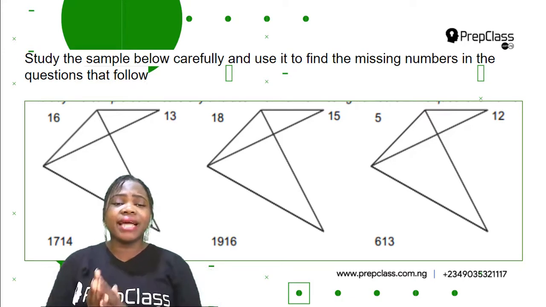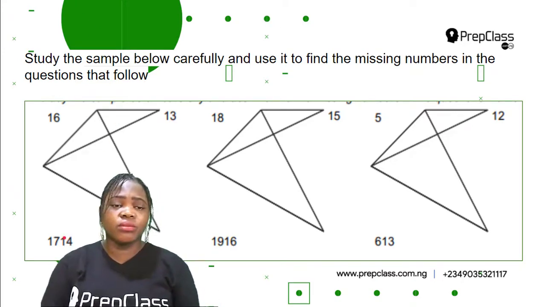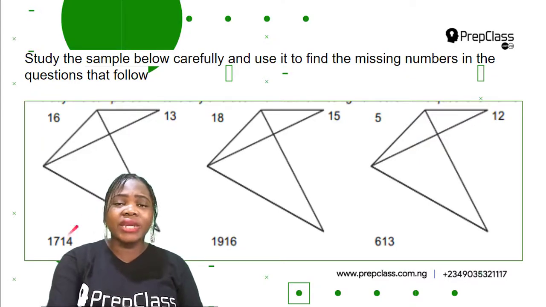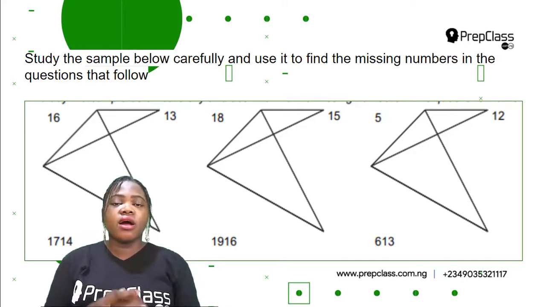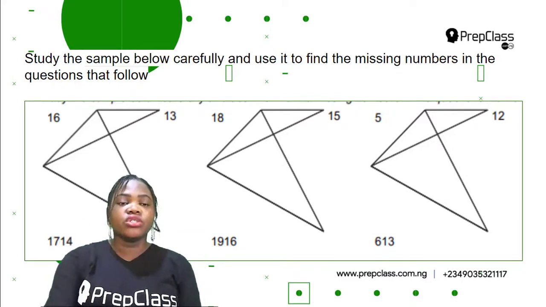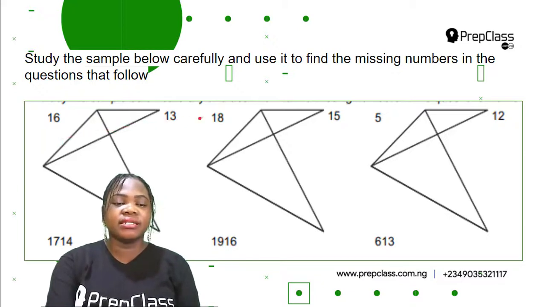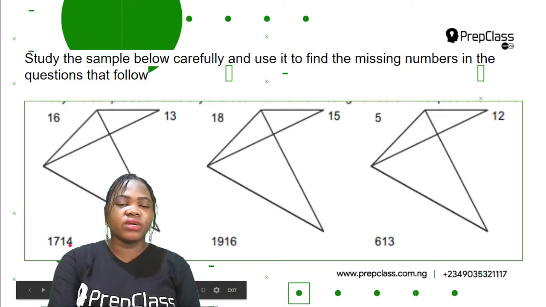So looking at the samples, you can see that there are top numbers and then there are bottom numbers, right? These numbers are connected, but how? So we have to try all the possible means of getting the solution. So we have 16 and 13, then the bottom number is 1714.